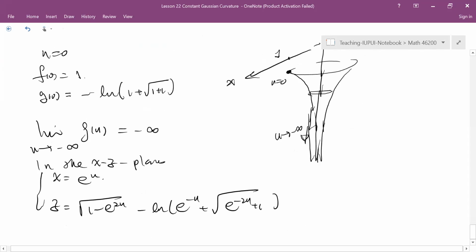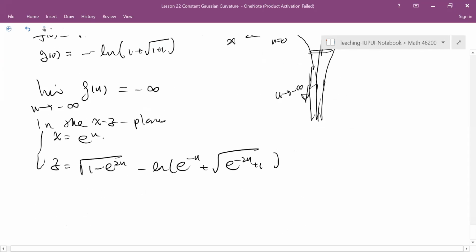Okay. So we can eliminate the variable u to get an equation between x and z.